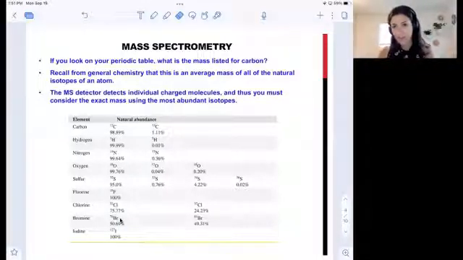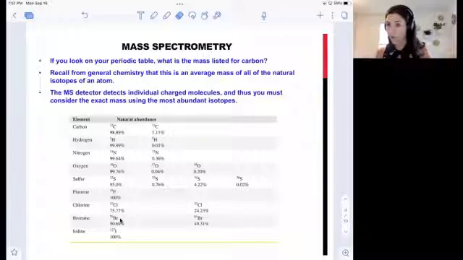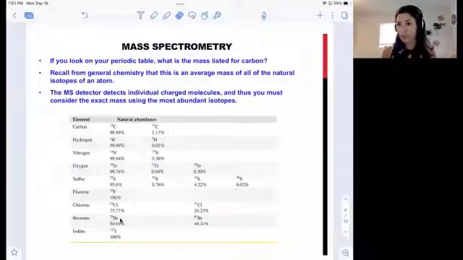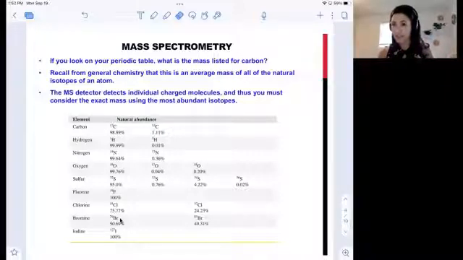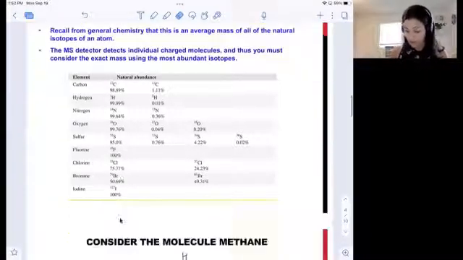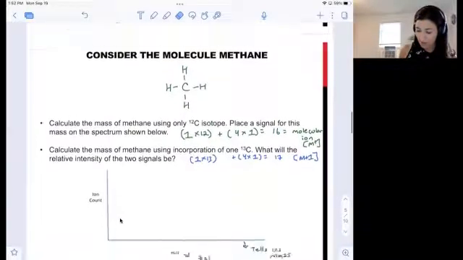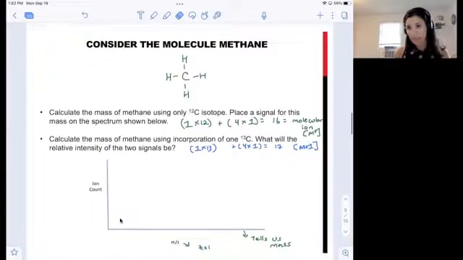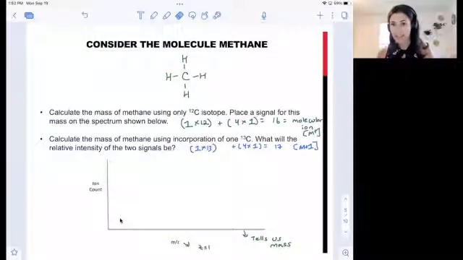If I have an organic molecule that contains bromine, for example, my detector will be able to distinguish an ion that contains a Br79 from one that contains a Br81, and I'll see a unique signal in the data for each of those molecules. So with that in mind, let's start to think about what we could expect to see when we look at the mass of ions for simple organic molecules.